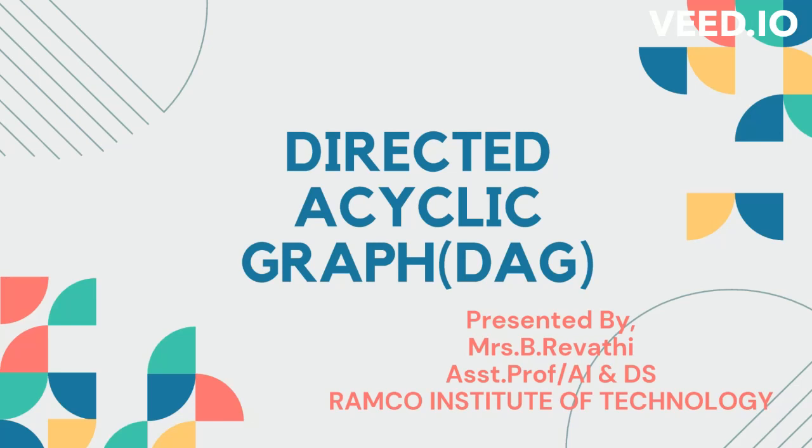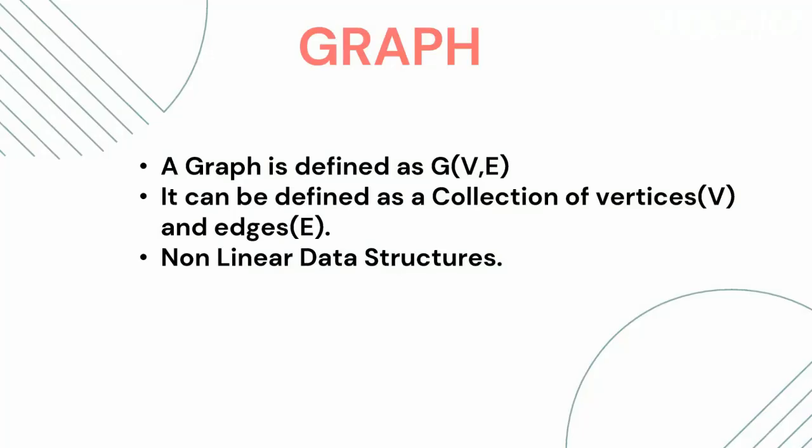In this lecture, we are going to discuss directed acyclic graphs. Before that, we must know what a graph is. A graph can be defined as a group of vertices and edges that are used to connect these vertices.